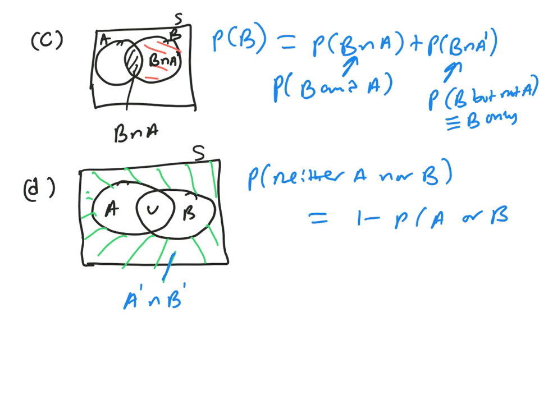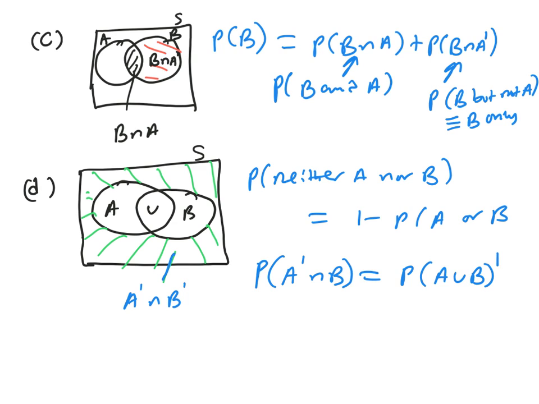So the probability of A complement intersection B complement is the same thing as the probability of A union B complement.